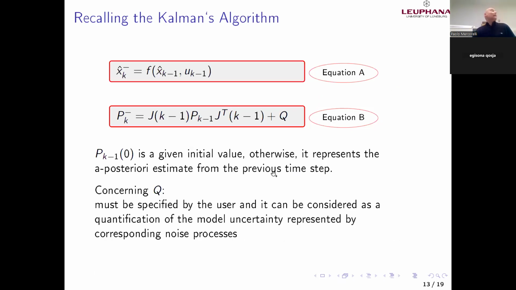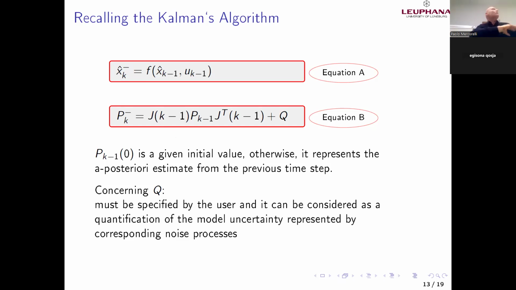Now we can apply the Kalman filter. If you remember the lecture in which I introduced the nonlinear form of the Kalman filter, which basically is a linearization of equation B in case the nonlinearity is just in the state. Do you remember? I insisted on this. Instead of the matrix A, I have the matrix J, which represents the Jacobian, the derivative.